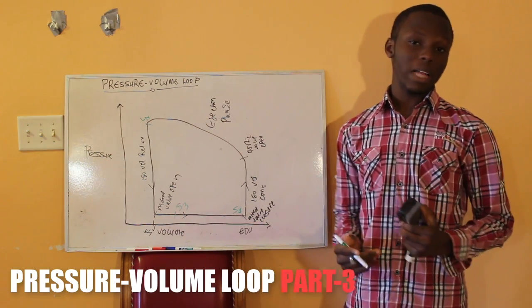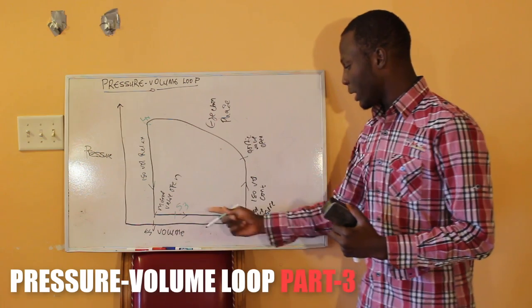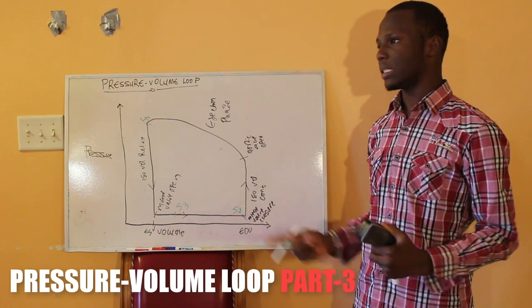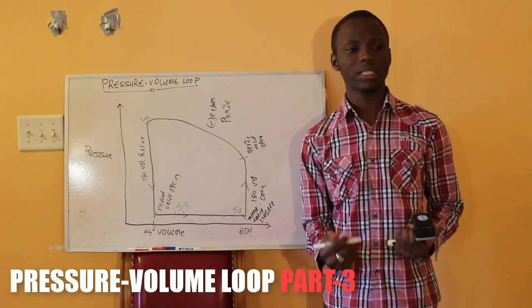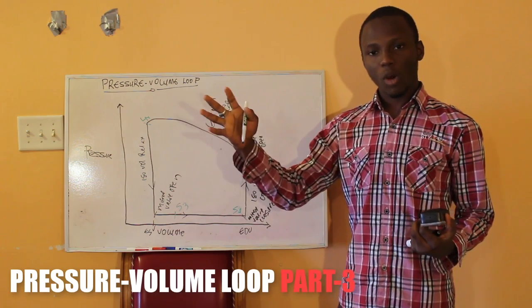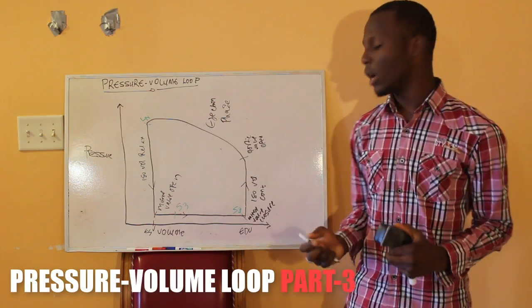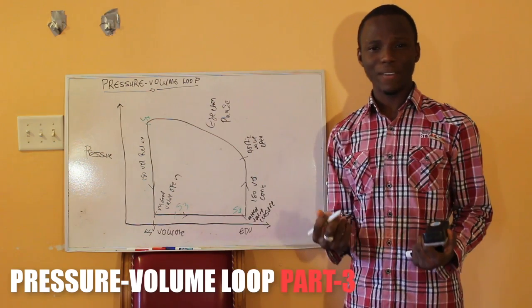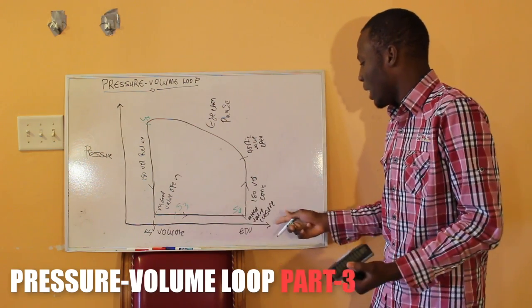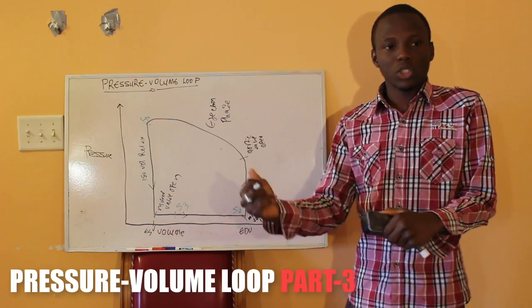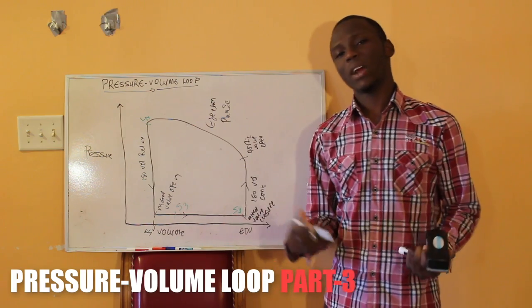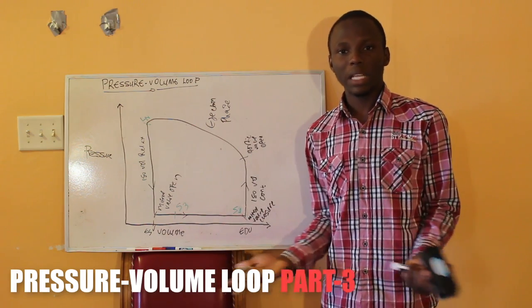Then for our S4 heart sound, most of the time students tend to look for where they will fit the S4 heart sound here. But when you understand what the S4 heart sound is, it is when the atrium contracts against a stiffened ventricle. When do you think the atrium will want to contract against a stiffened ventricle? It's in a chronic hypertensive state, right?